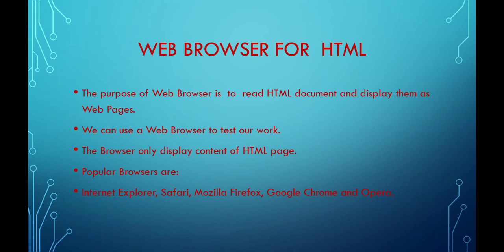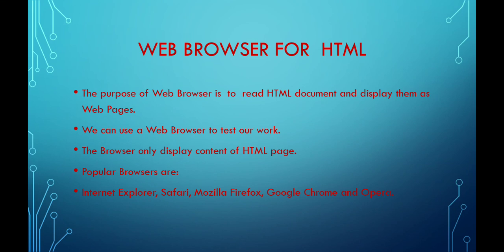Then the web browser. The purpose of a web browser is to display web pages. A web browser will display the web pages on your computer, on desktop, laptop, or on your mobile. In your mobile there is also a web browser. You can use web browsers to test your work.